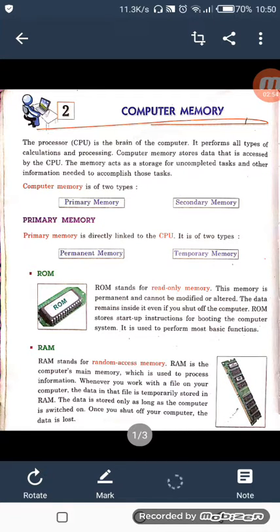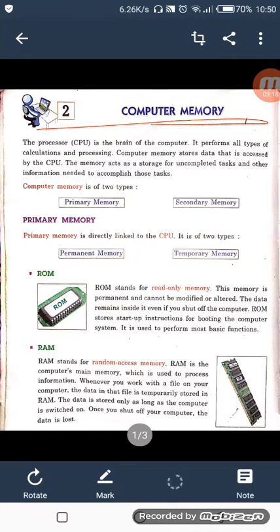Here one is ROM and the other is RAM. ROM stands for read only memory, which means we can only read this memory, we cannot write into it, we cannot make any kind of change into it, we cannot update it. This is an example of permanent memory.